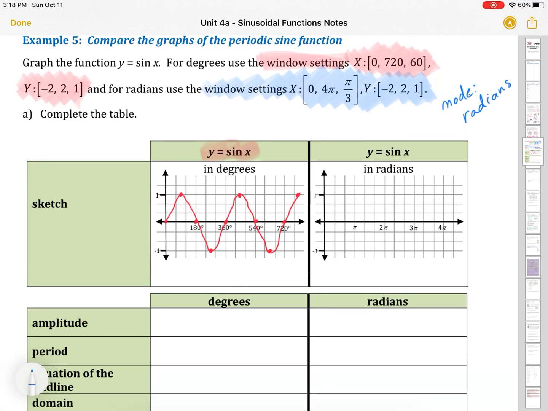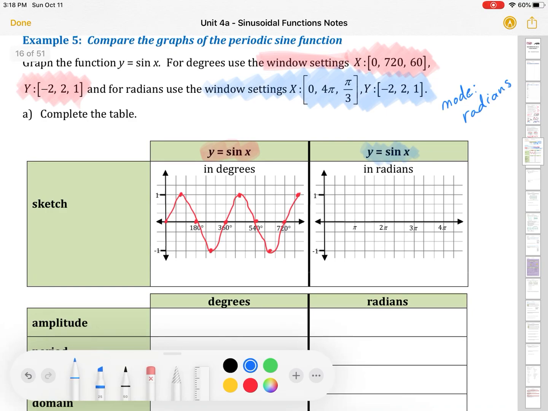Our x minimum will be 0. Our x max will be 4 pi. Our x scale will be pi divided by 3. You can see when you put that in your windows, it does the conversion for you. The y is exactly the same, and we can leave our expression the same. When we put it in y equals, we don't have to change that. Then you hit graph, and you're going to get your graph of your function.